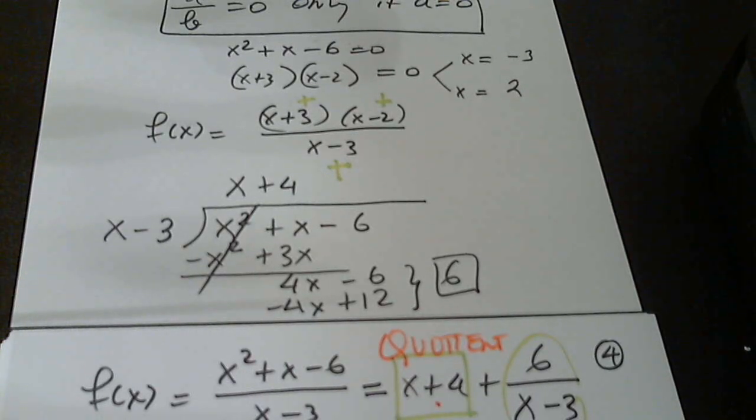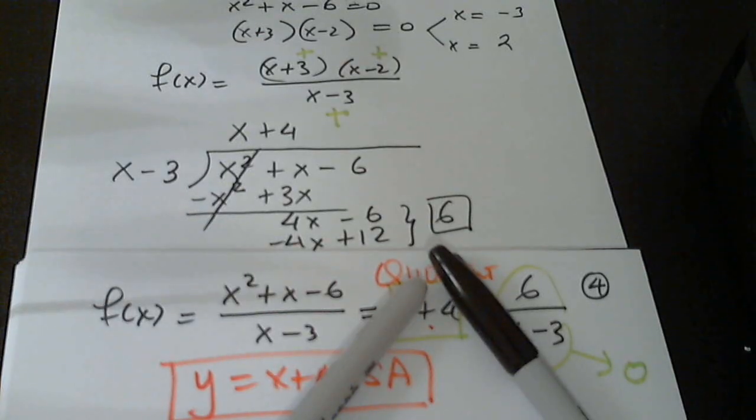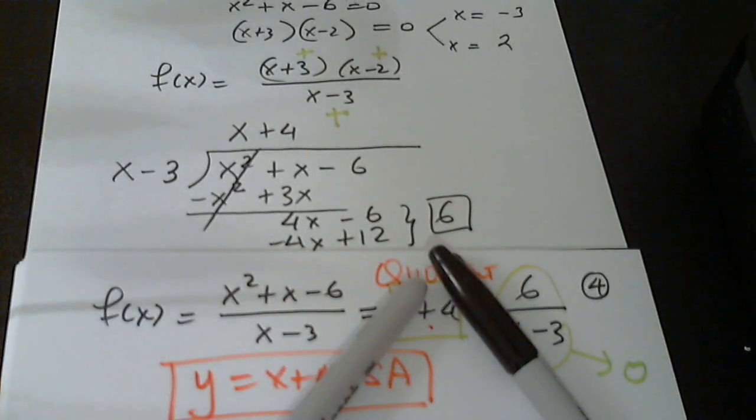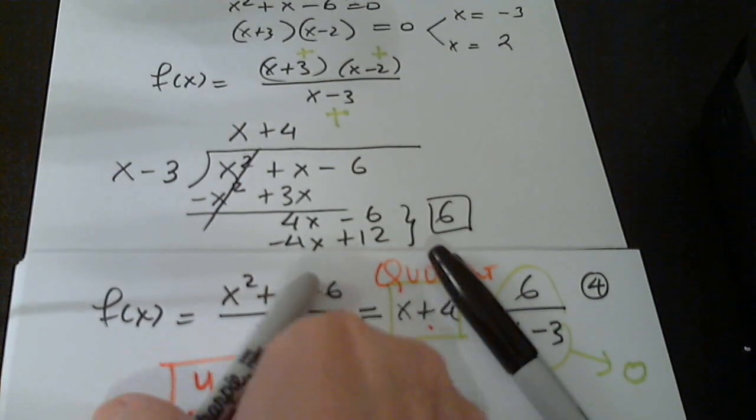Now, question. When I get the chance to graph x plus 4, will I graph it like this? Or will I graph it like this? In other words, does it have a positive slope or a negative slope? Agreed that this slope is 1 and it will look like this?